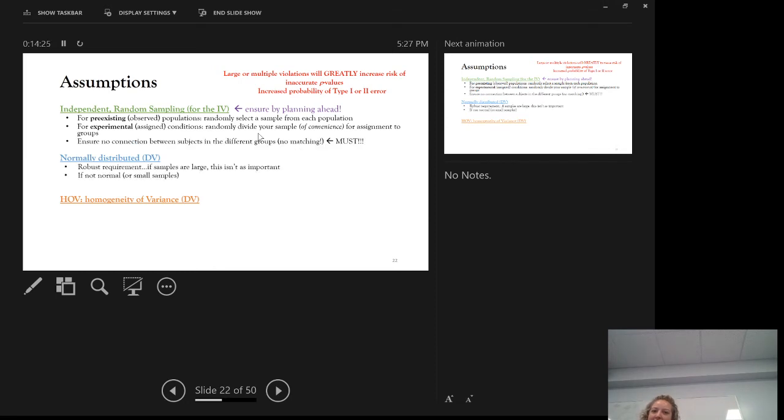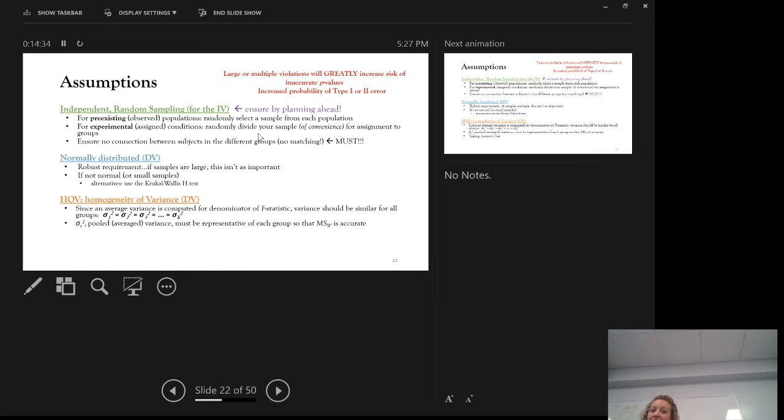And the last one, homogeneity of variance. Have we heard homogeneity of variance before? Yeah. Before, what did we use to test it? Levene's test. We still use Levene's test to check for homogeneity of variance. So ANOVA only gives us reliable results if all the groups have the same variance.